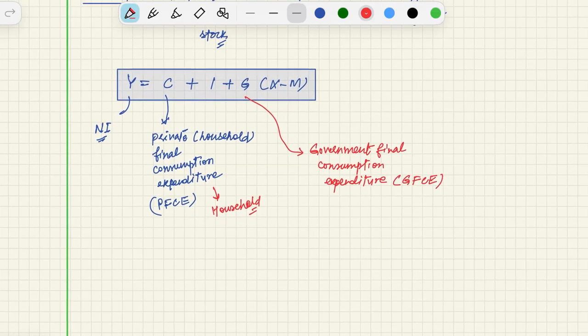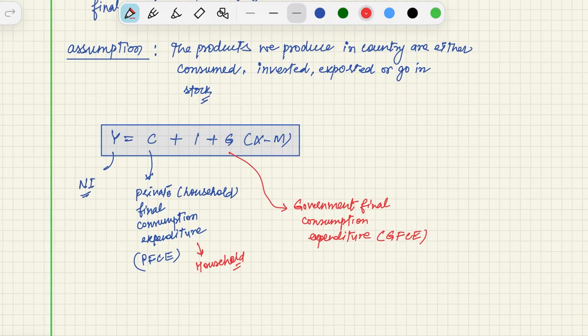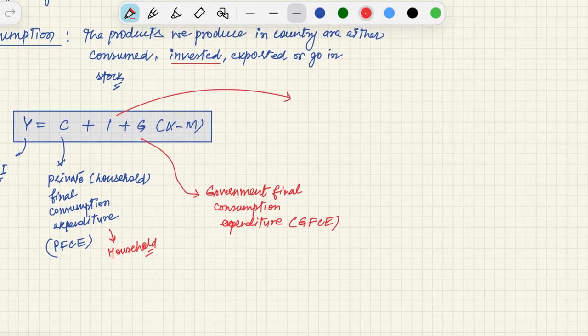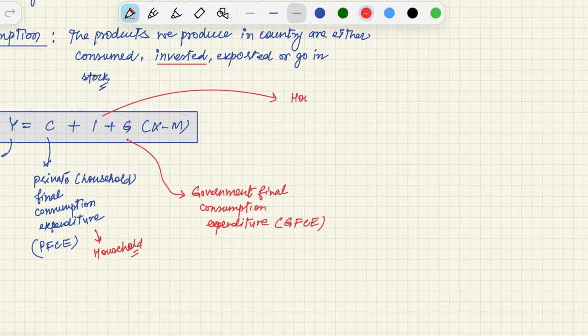Okay, I already told you that the invested amount is also calculated in the national income. Investment can be done by both the household or the government. Both can do the investment.